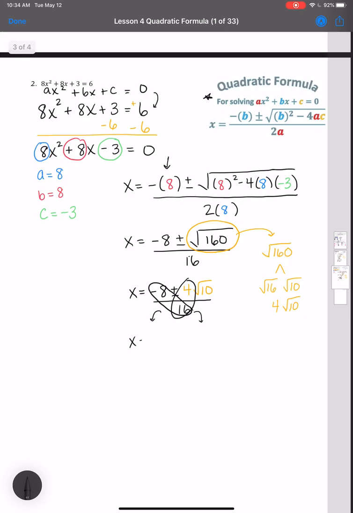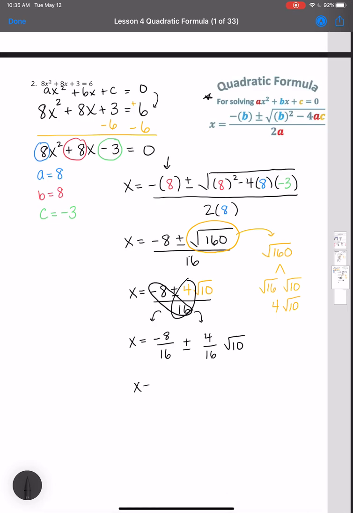X is equal to negative 8 divided by 16 plus or minus 4 divided by 16 times radical 10. Now, simplifying fractions, you're just finding the greatest common factor. In this case, the greatest common factor of 8 and 16 is 8.